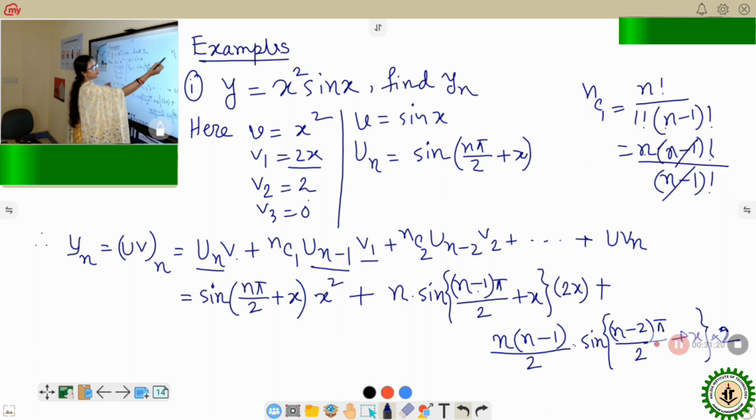Now the value of nC2, if you calculate, you will get n into (n minus 1) divided by 2 into u(n minus 2). u(n minus 2) means just in un replace n by n minus 2. You will get sin((n minus 2) pi by 2 plus x) into v2. What is v2? v2 is 2. That is done now. Now we just have to simplify and rearrange it.